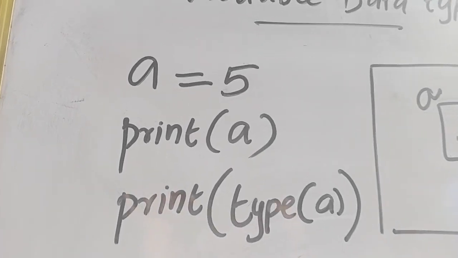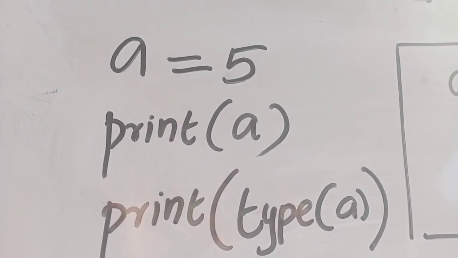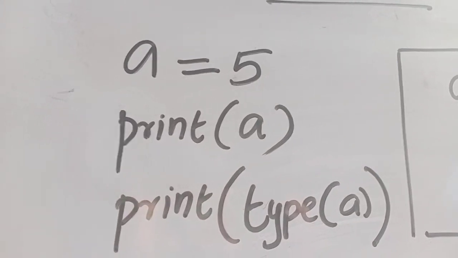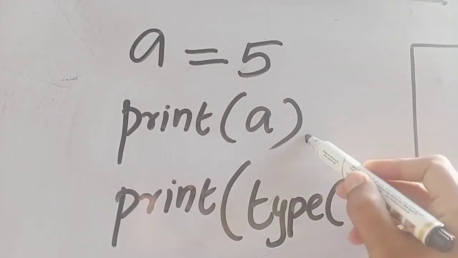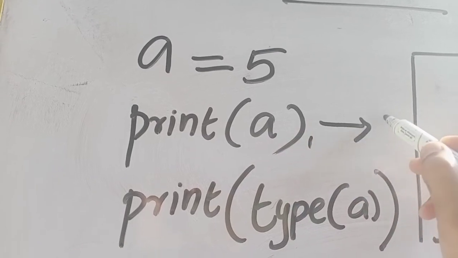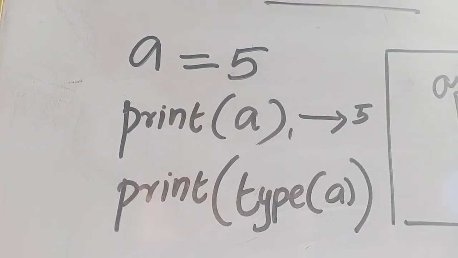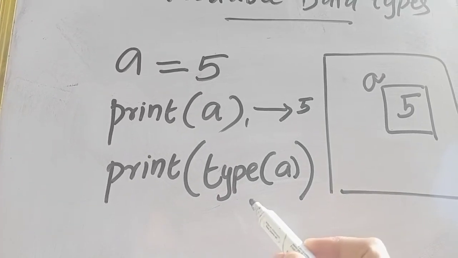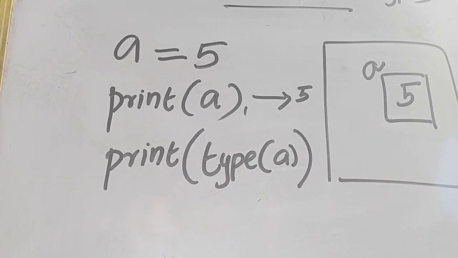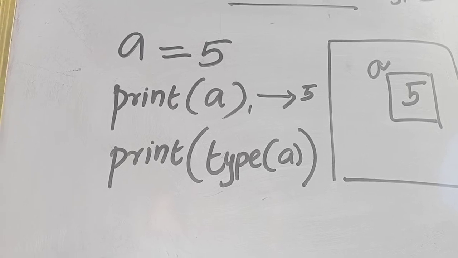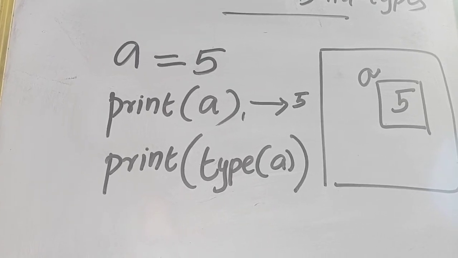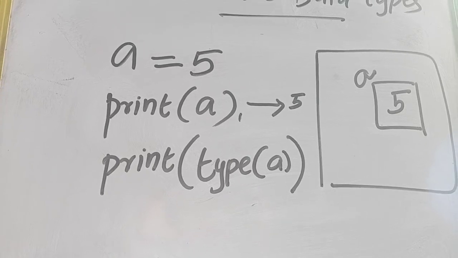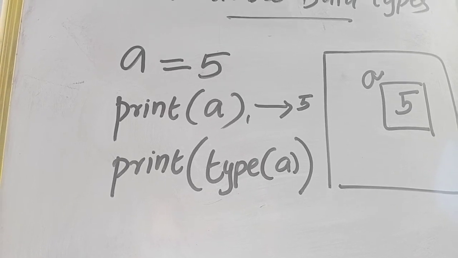Okay, so here you can see a equal to 5, that means a takes the value 5. And next line is print of a. So can you please tell me what will be the output you'll be getting in this line? Here it is 5, okay, correct. And in the third line, print of type of a. Type is a function that is used to get the type of the particular variable. That means here you know a equal to 5 means 5 is an integer, right?